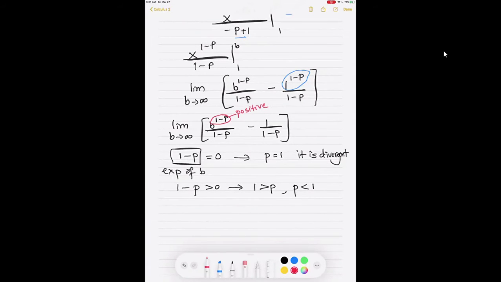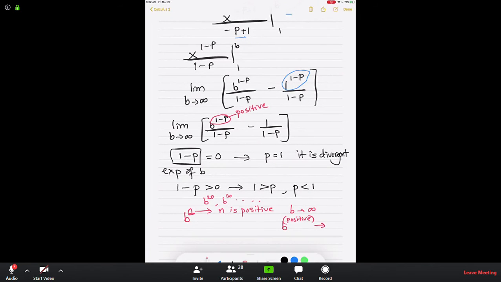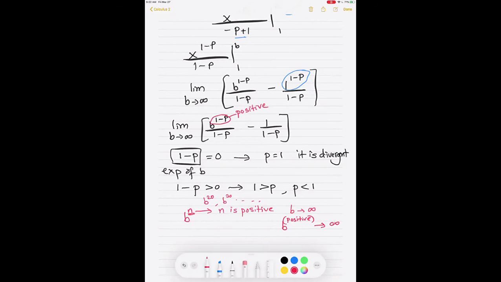If this is a positive number, just imagine any positive number there, say b to the 20 or b to the 30, whatever it is. What happens to b to the n, for example, where n is positive, as b approaches infinity? What does it approach? Infinity? Very good, Sam. Infinity.